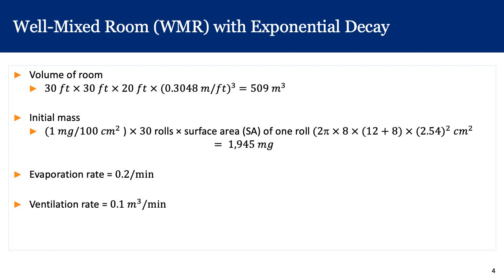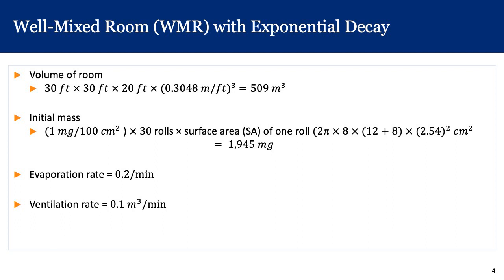So how do we model the mass of contaminant, in this case toluene, on the rolls of this tape? Let's assume that there is 1 milligram of toluene per 100 centimeters squared of the tape. That's what the FTIR experiment mentioned in the previous slide determined. There are 30 rolls, so now we need the surface area of one roll.